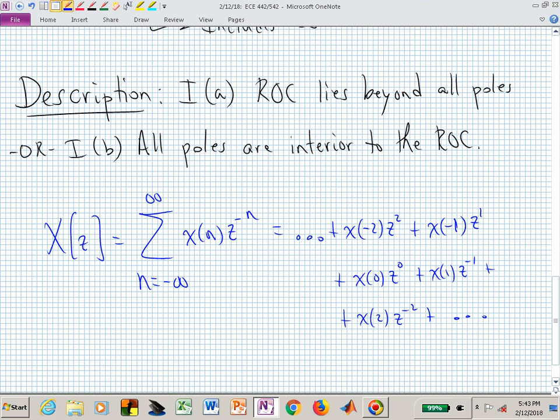That's okay. But now if we go back to x of minus 2, that's now multiplied by z squared. And what did we just say? Z in this region of convergence for pattern 1, it's allowed to go big, really big. What would that do to capital X of z? Would X of z remain bounded for that choice of z?